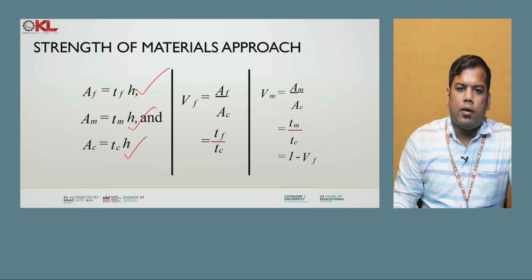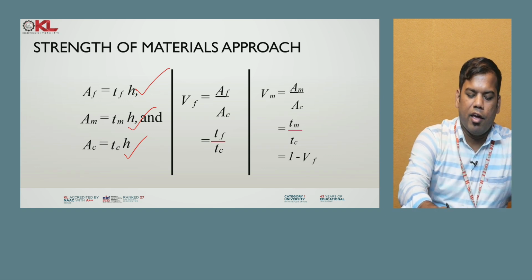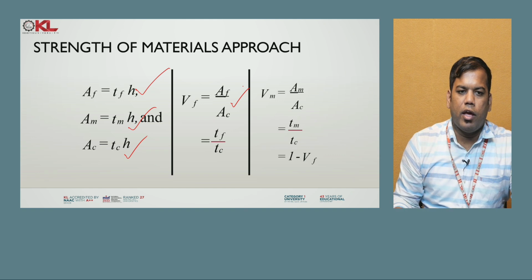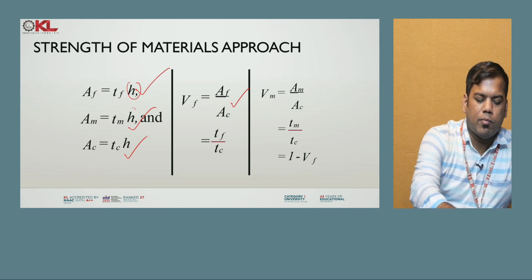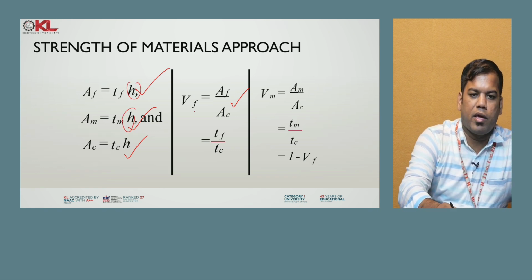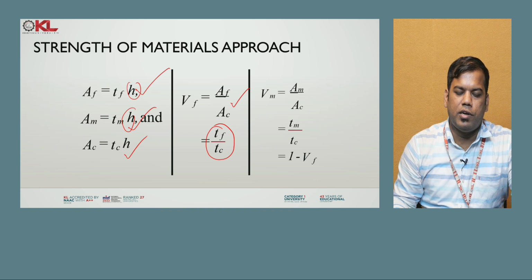So now what is the volume fraction of the fiber? As you know from the previous session, the volume fraction of the fiber is Af by Ac. If h is equal in both terms, this Vf can be written as Tf by Tc, the thickness of the fiber by the thickness of the composite.